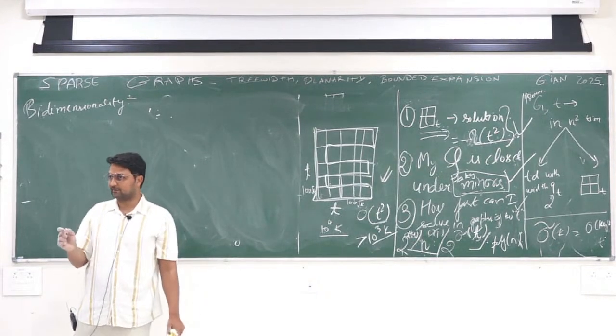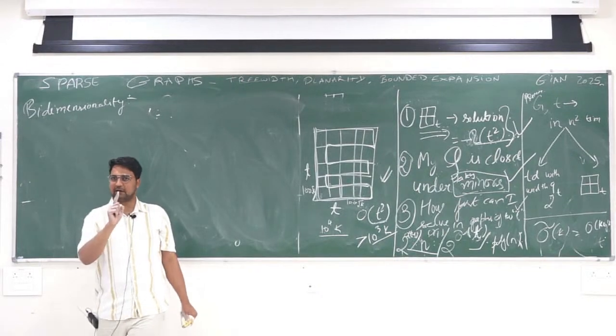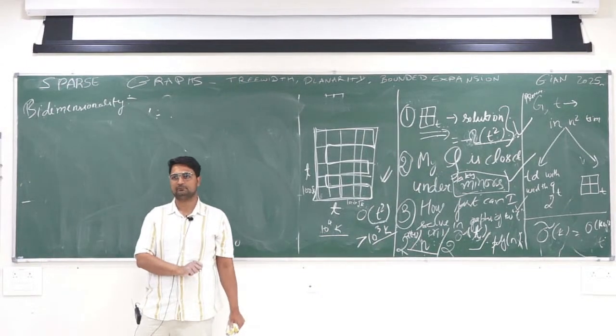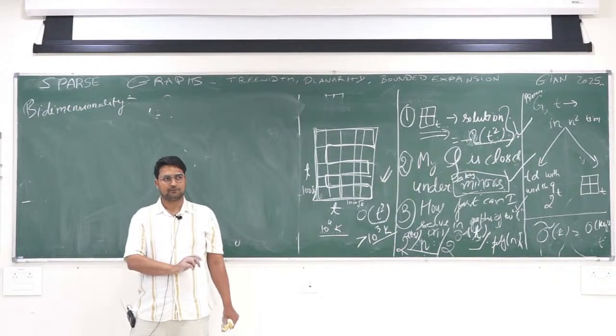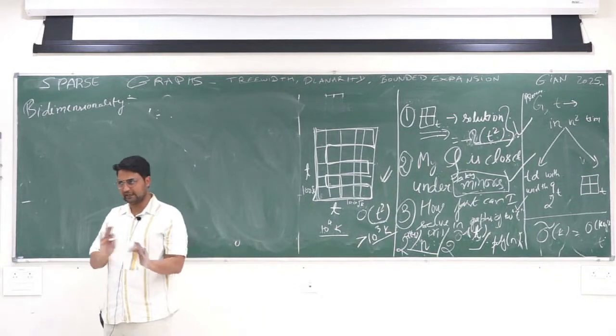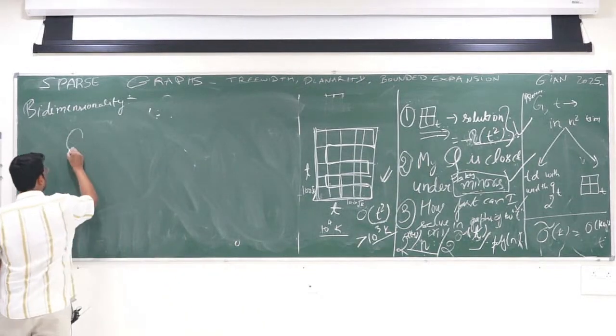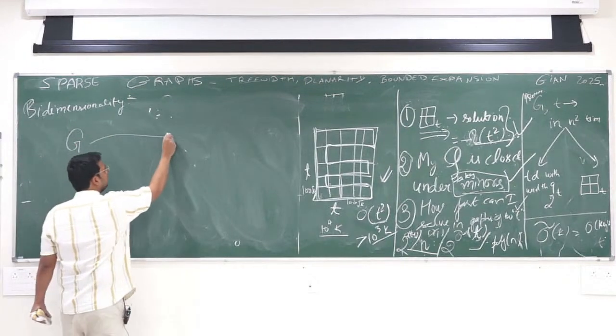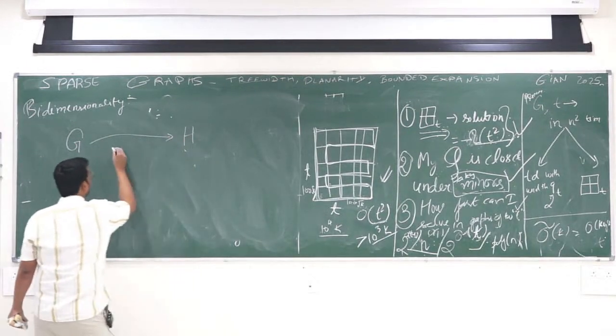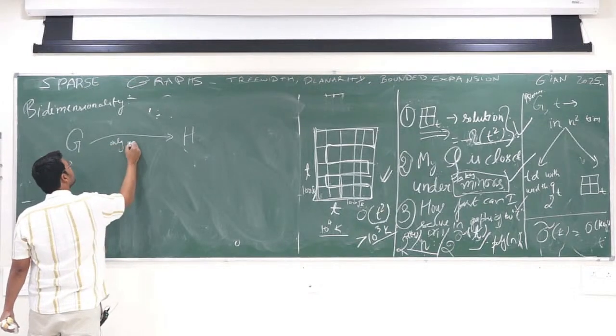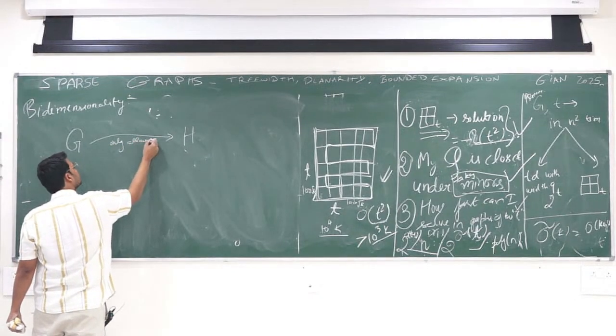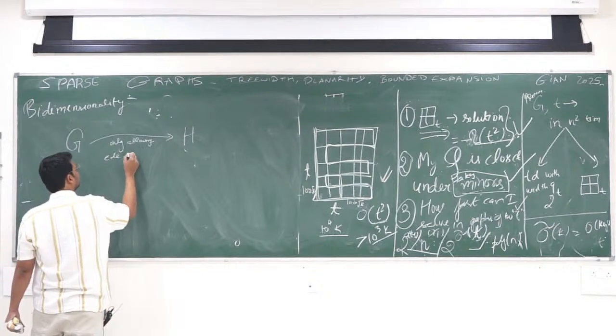But what if we only allow edge contractions? Let's say we allow only edge contractions. So we have a graph G. We get a graph H from G only allowing edge contractions.